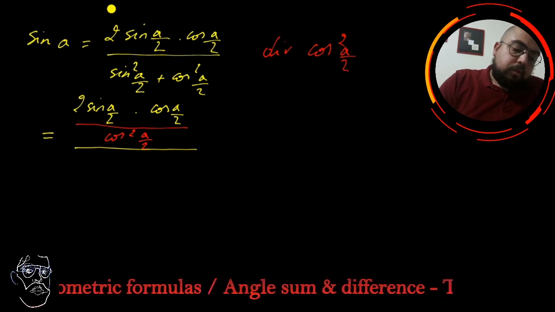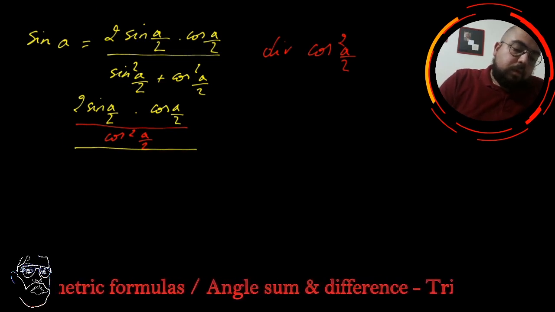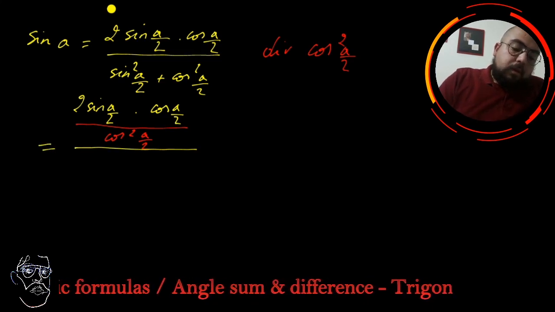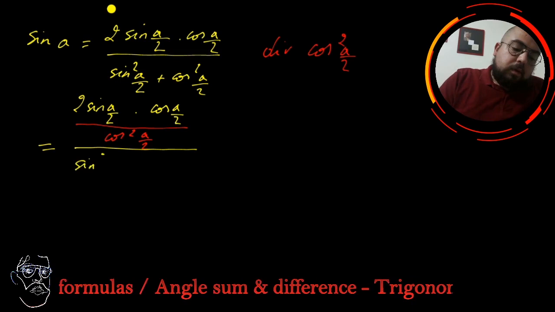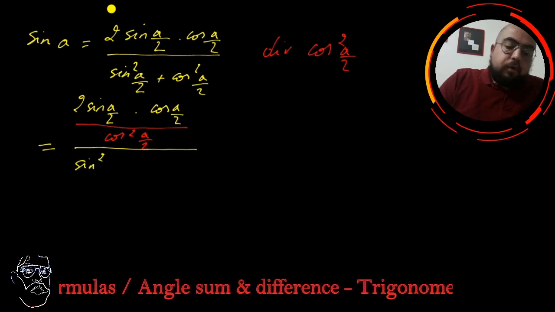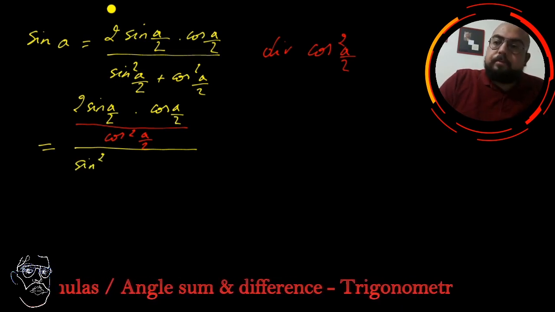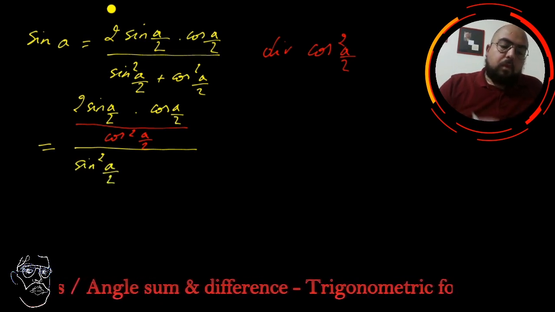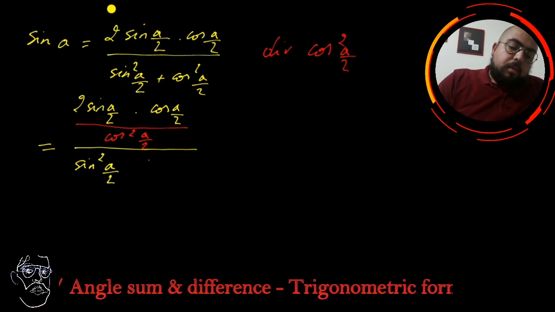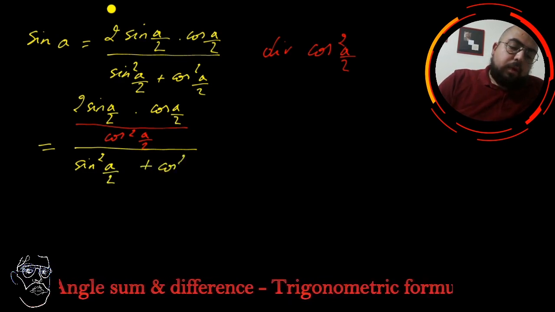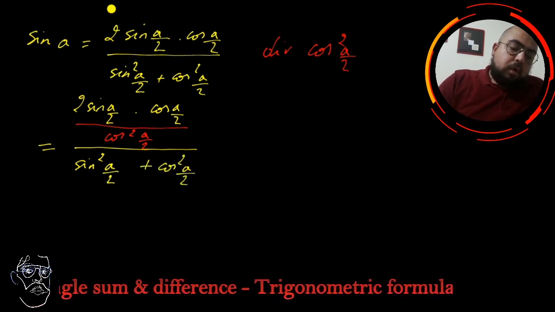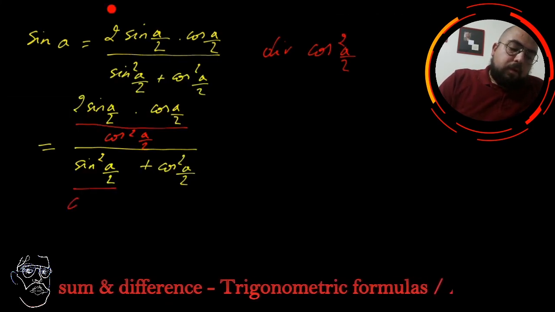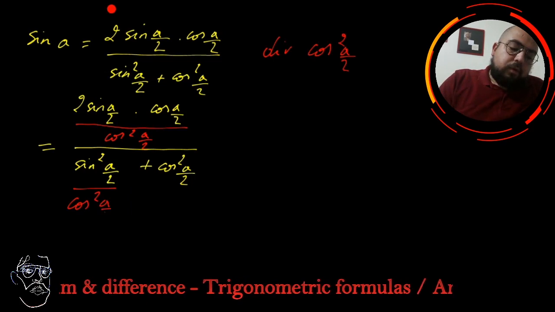The fraction is equal to sine squared a over 2 plus cosine squared a over 2, one more time, divided by cosine squared a over 2.